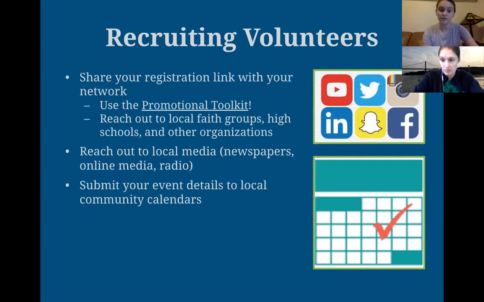This could be something as simple as posting on Facebook that you are a Sweep leader and that you're looking to have people join to volunteer with you on October 17th, or posting to your professional network on LinkedIn, or reaching out to any groups that you may be a part of or know of that might be interested in sharing this volunteer opportunity. If there's a local school that has a focus on science, or just use your imagination to think of groups in your area that might be interested in sweeping.